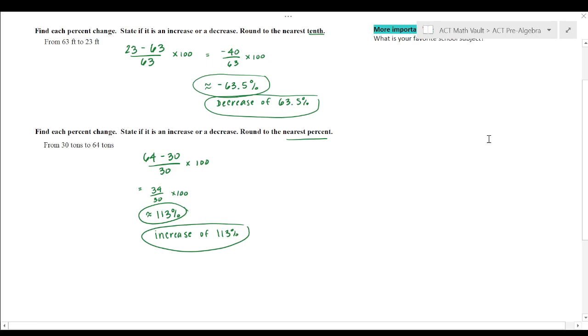So anything over 100 means that 100% would be the same amount as that original. But then if there's more, then going from 30 to 64 means that not only did you increase by another 30, but then 4 extra. So going from 30, it'd be like 30 plus another 4. So think about it like that.